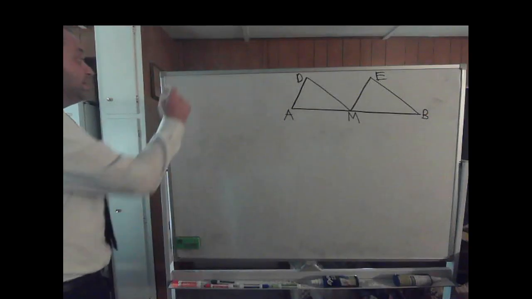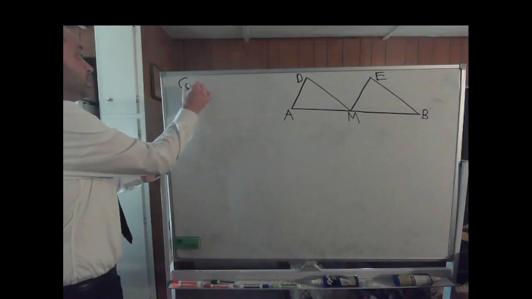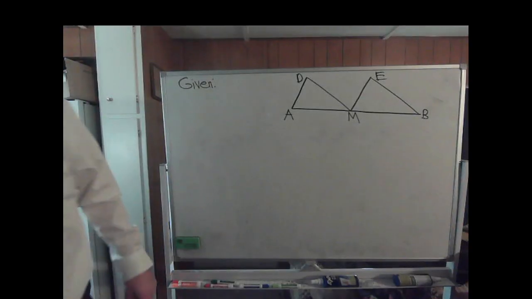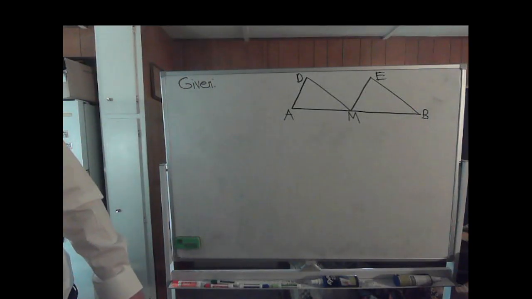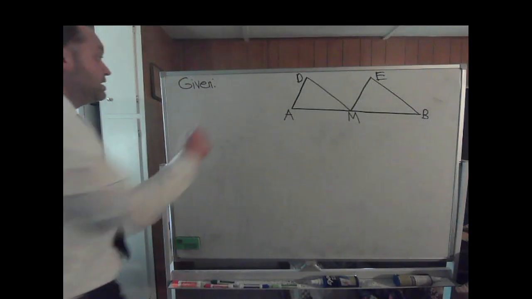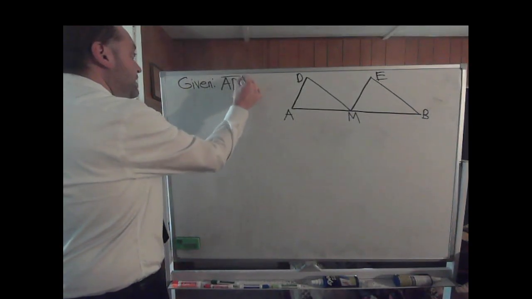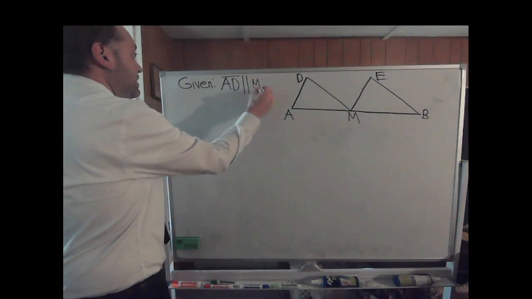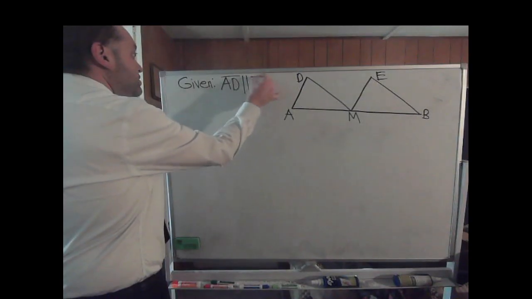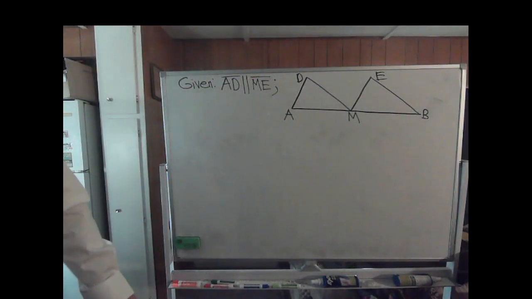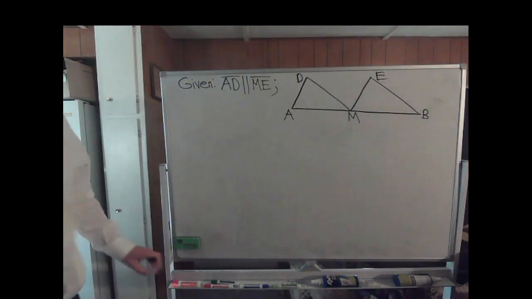So what have we been given for this particular one? What is the given information? They gave us that AD is parallel to ME. So AD is parallel to ME, which is going to be interesting in a second.